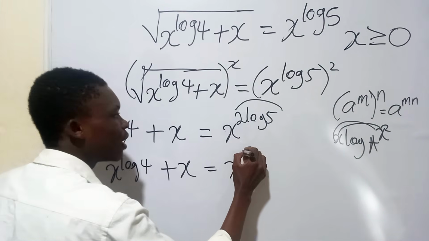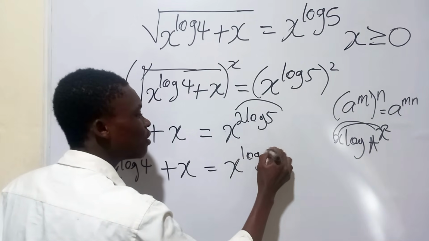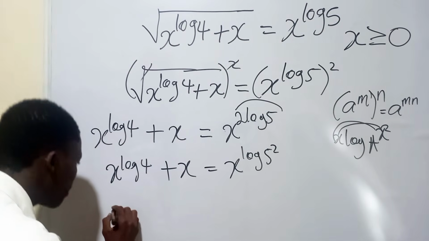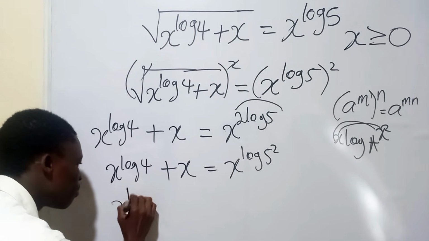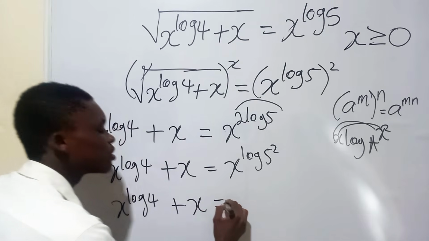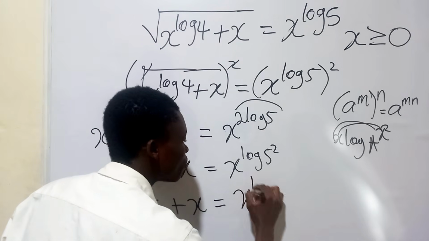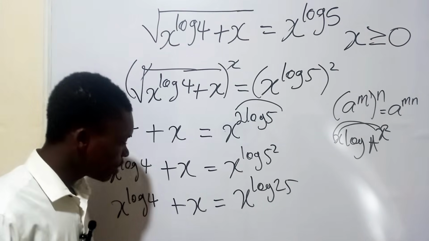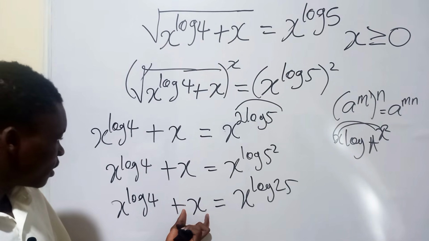If that happens, we have log 5 squared. So from here we have x to power log 4 plus x equals x to power log 25. All right, so how do we simplify this?